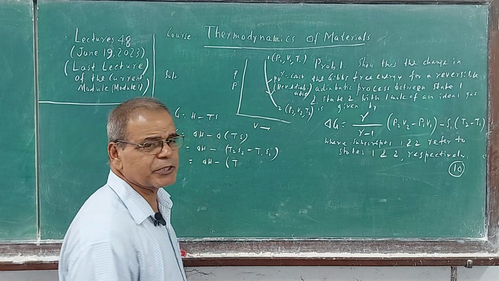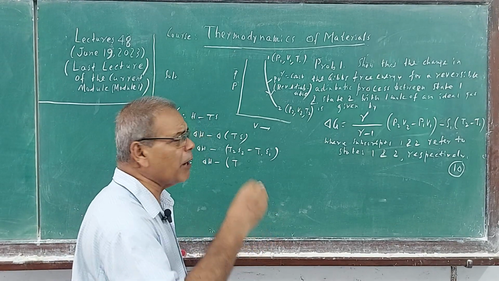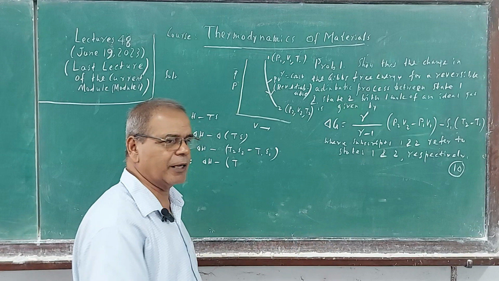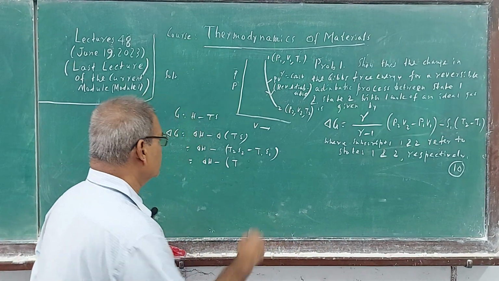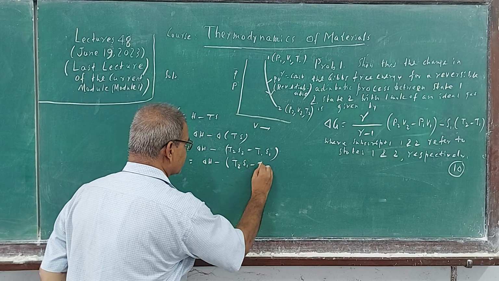PV to the power gamma is constant: P1 V1 to the power gamma is P2 V2 to the power gamma, the same constant. They are all same. So T2 S1 minus T1 S1.